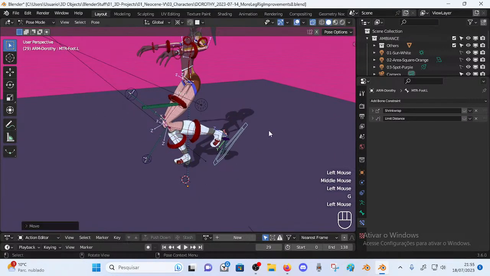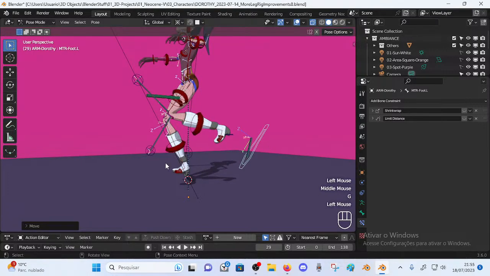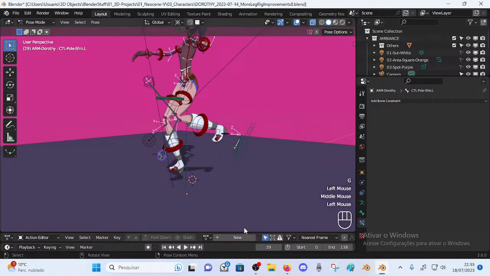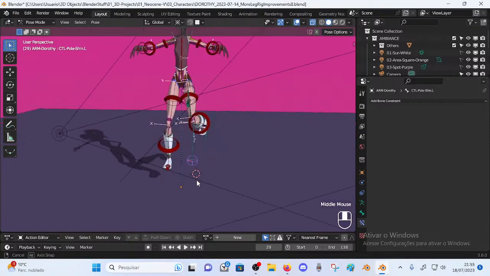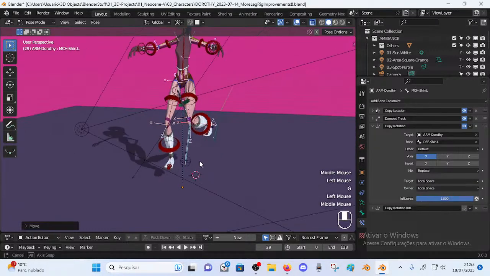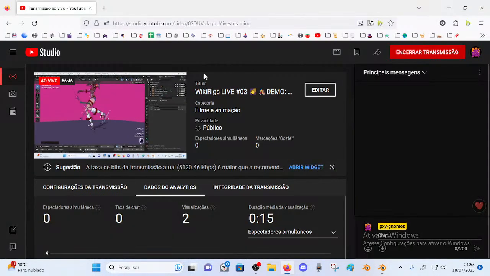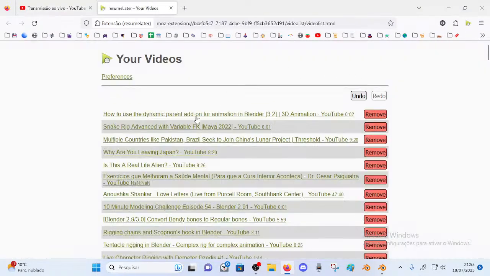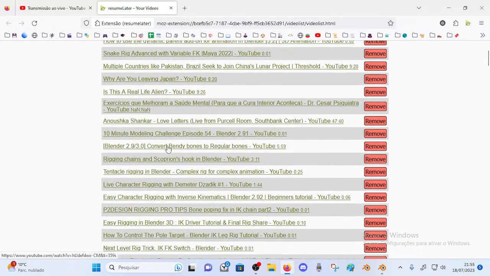So critically, yes, there's a tutorial I've just marked that I want to watch, regarding, let me see it, regarding multi snake dynamic parent. No, where is it? Convert rigging square rigging tentacle?